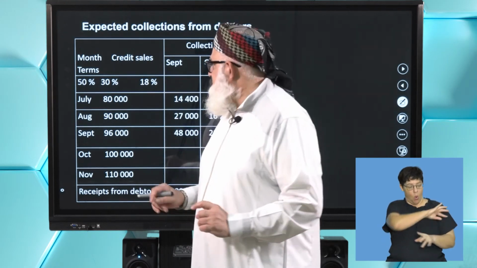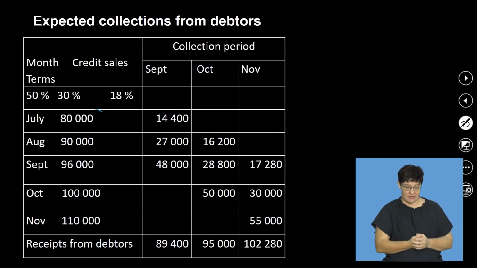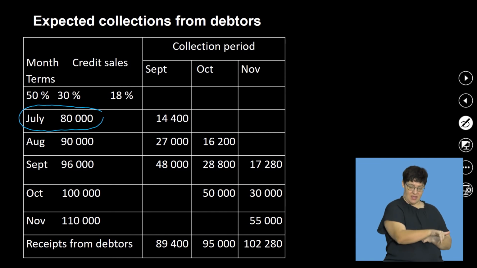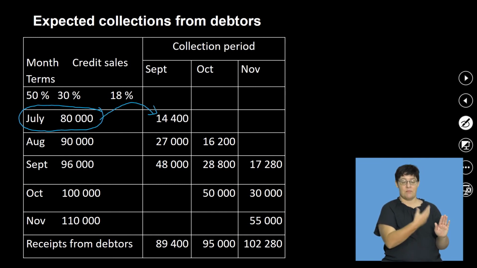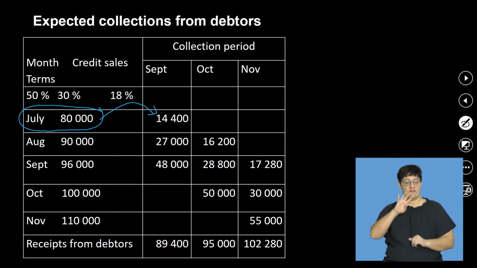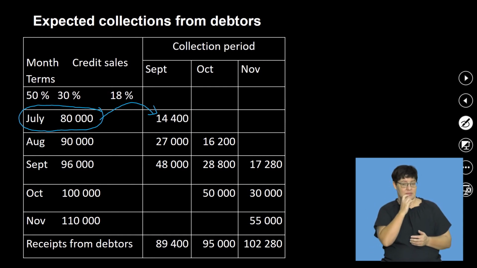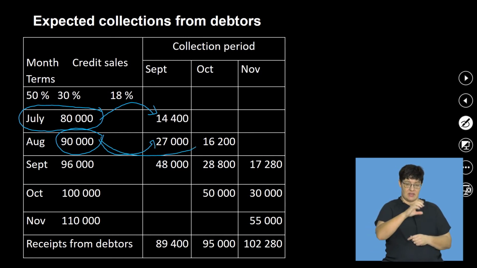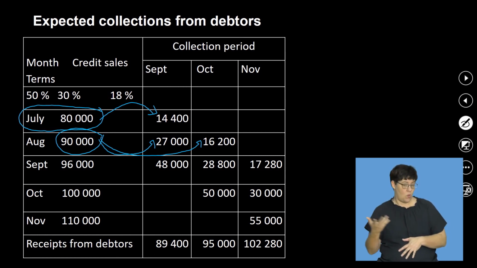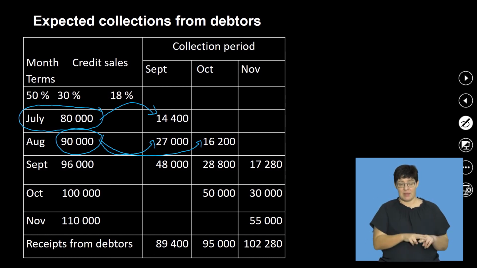In other words, there's my July credit sale. Notice I'm going to receive 14,400 in September, and I've shown you that calculation. Then we went on to August, the 90,000. How am I going to receive that? 27,000 in September and 16,200 in October. That was dependent on my August credit sale.